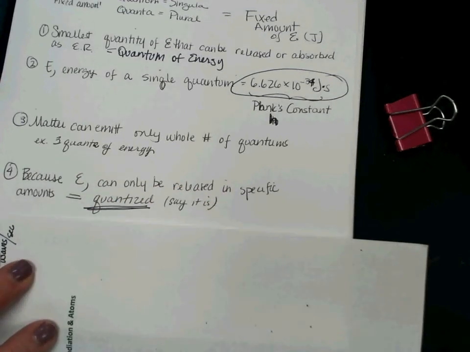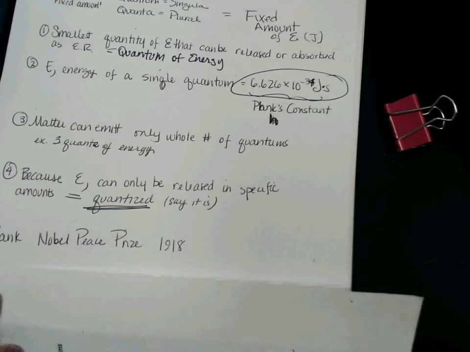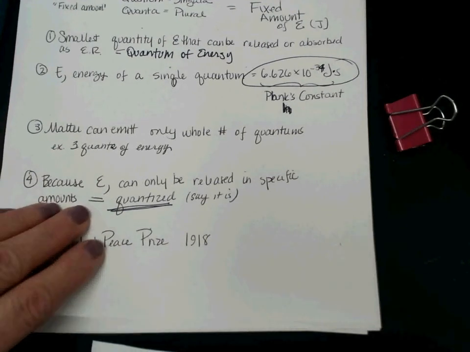So that's another word. So energy, when we're dealing with this theory and this application to light, a movement of electrons, that energy is called quantized energy due to the quantum nature of it. Planck, all of this work was so groundbreaking that he won a Nobel Prize in 1918.